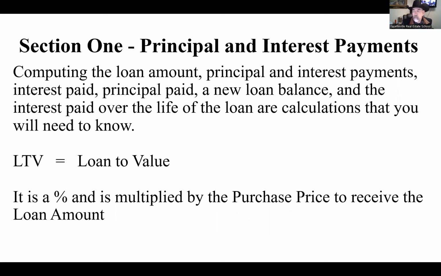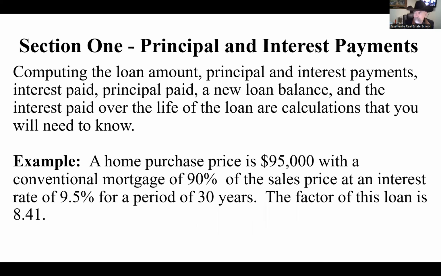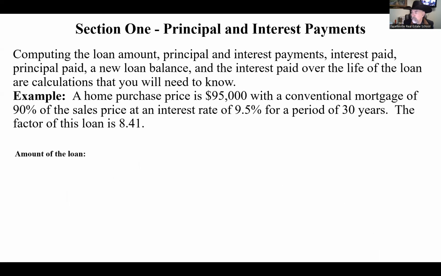LTV, which stands for loan to value, is the loan amount. It is usually a percent multiplied by the purchase price. For example, if the purchase price is $95,000 and they're getting a conventional mortgage of 90%, we multiply 95,000 times 90%, and that will give us our loan amount.